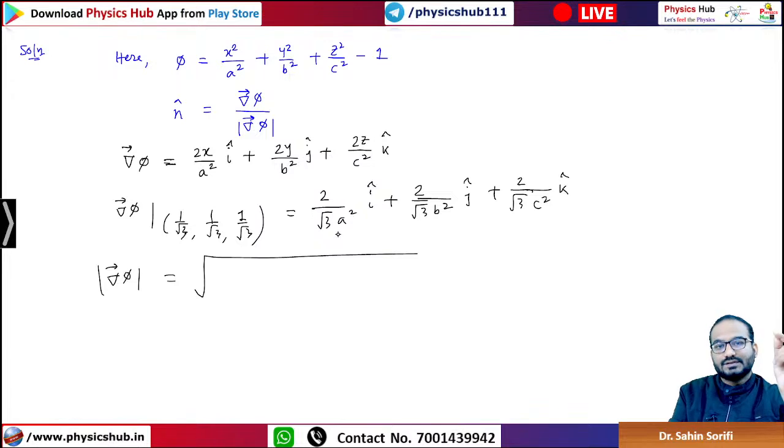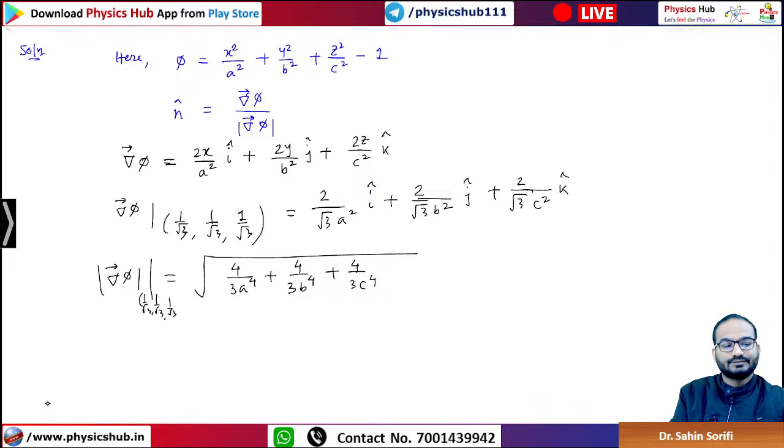Take the components, square them and add them all. This is what you have to do. 4 by 3a to the power 4, 4 by 3b to the power 4, 4 by 3c to the power 4. Obviously this is evaluated at the point 1 by root 3, 1 by root 3, 1 by root 3.